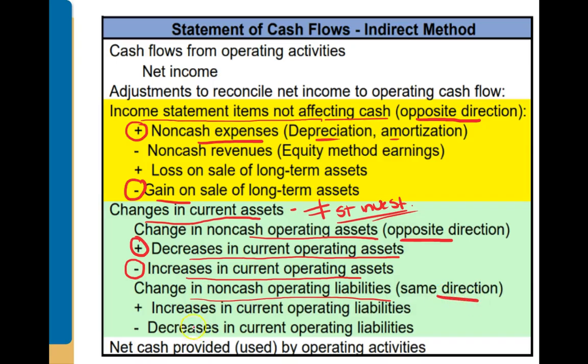If I have an increase in my current operating liabilities, I'm going to increase my net income, and if I have a decrease, I'm going to decrease it on my net income to get to my net cash provided or used by operating activities. Okay, so this is a neat little sheet to have, or you can just remember it. Non-cash items plus current assets is opposite, current liabilities is the same. So you do what you need to do.